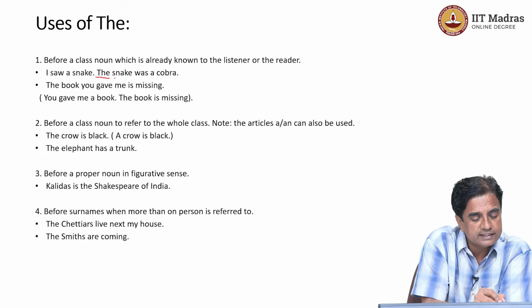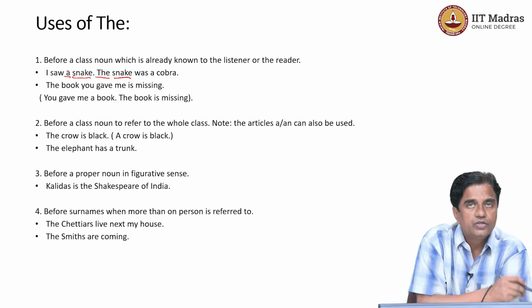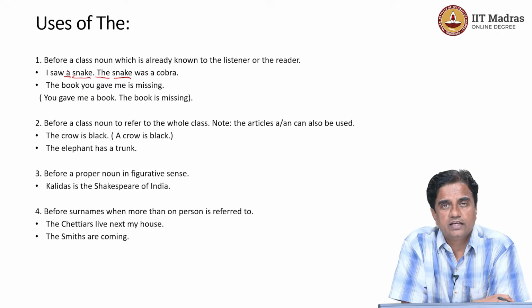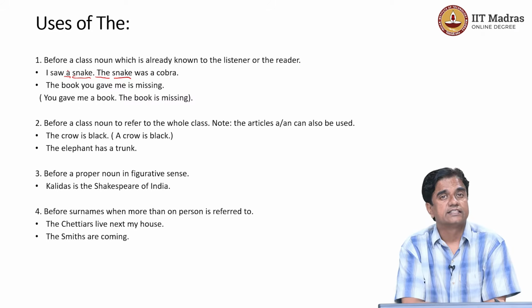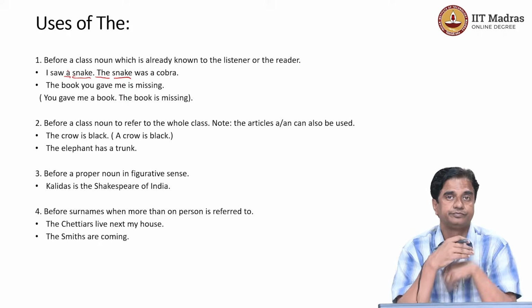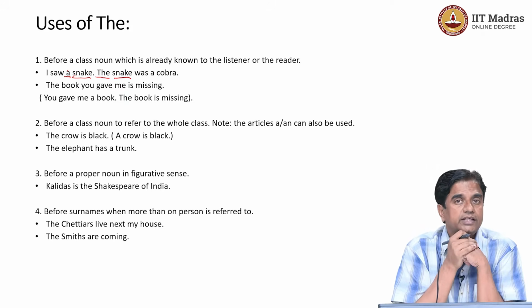Here in this sentence you have the, here in this sentence you have a. So we don't need to be confused about it. We are using a in one case and the in the other case, so what's going on? The important way to understand this is we are using a because the context is not known to the hearer.